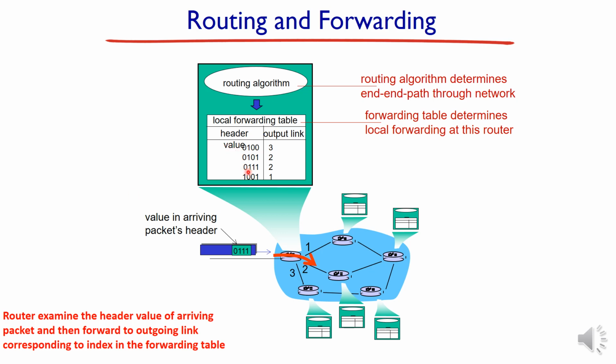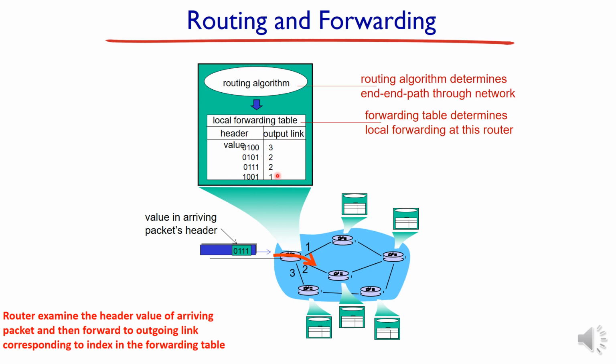Here we can see that if the header value of a packet is 0111, then it has to be forwarded to interface 2. So based on the forwarding table, the router takes the decision like this.